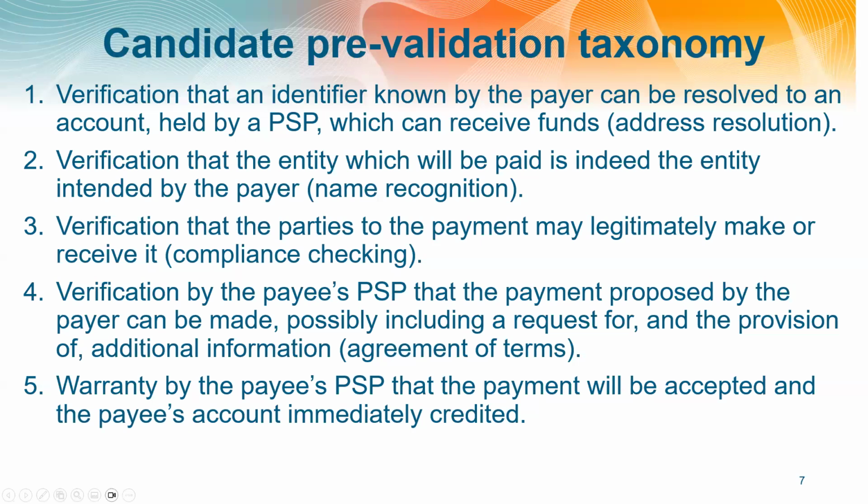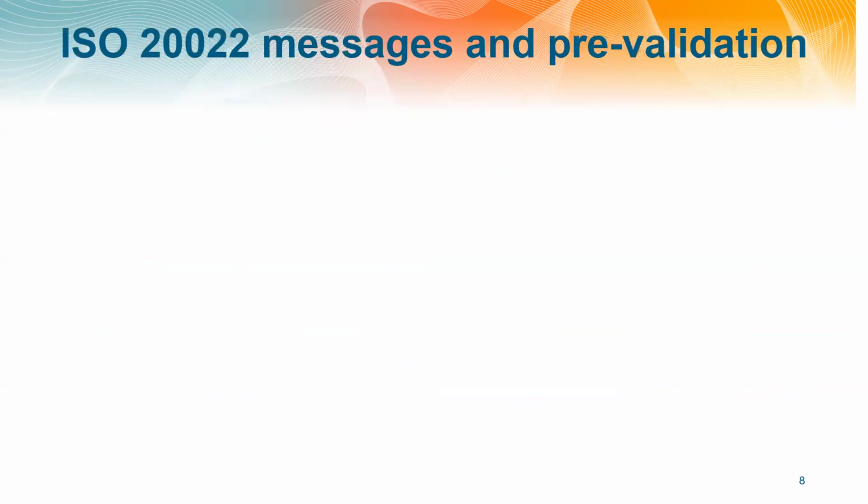Now, let's see how these map onto ISO 20022 messages. The short answer is there are not yet official ISO 20022 messages which really answer to the requirements of the pre-validation types that I've outlined previously.